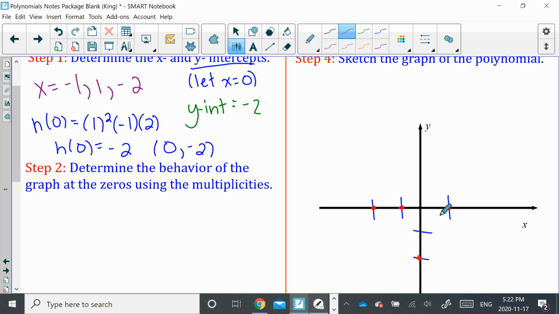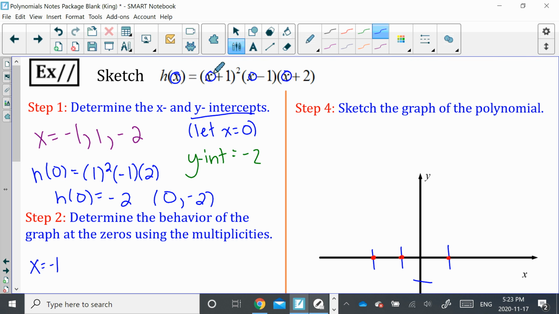Is it going to cross through? Is it going to be tangent? Or is there going to be a point of inflection? So let's deal with this 0 first. That 0 was x equal to -1. If I go back up, at -1 the 0 had a multiplicity of 2.